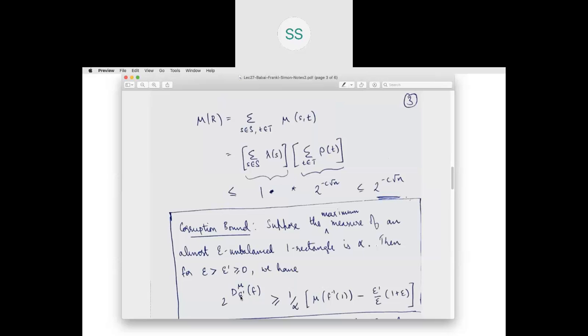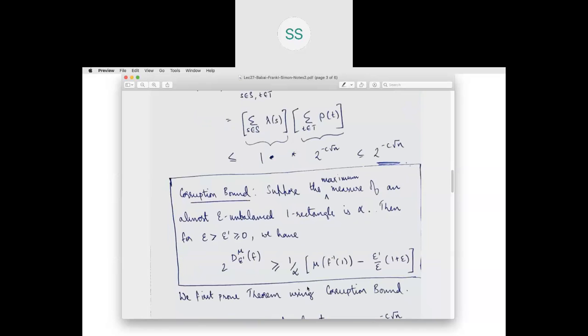Now 2 power the distributional complexity with respect to mu and epsilon prime of f is at least 1 divided by alpha times the measure of f inverse of 1, minus epsilon prime divided by epsilon times 1 plus epsilon.